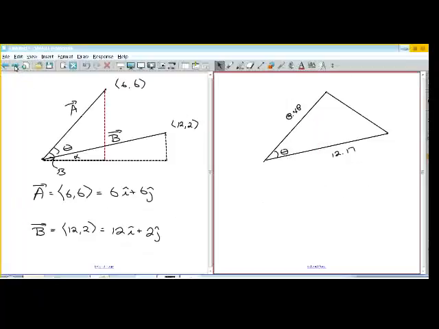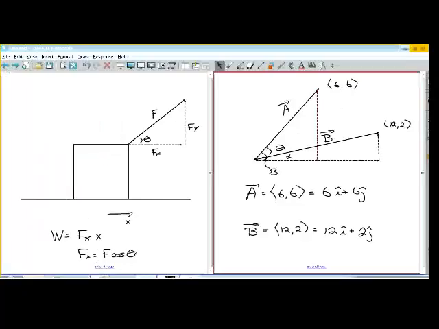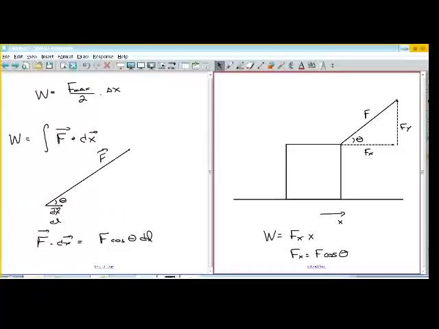But the simplest way is to use the dot product. If you have two vectors that you're trying to find the angle between, because if we come back to here, this one's easy because the dx is in the positive x direction, so it simplifies down. But if the force were in this direction and the displacement were in this direction, say you're on a ramp, how would you do that?